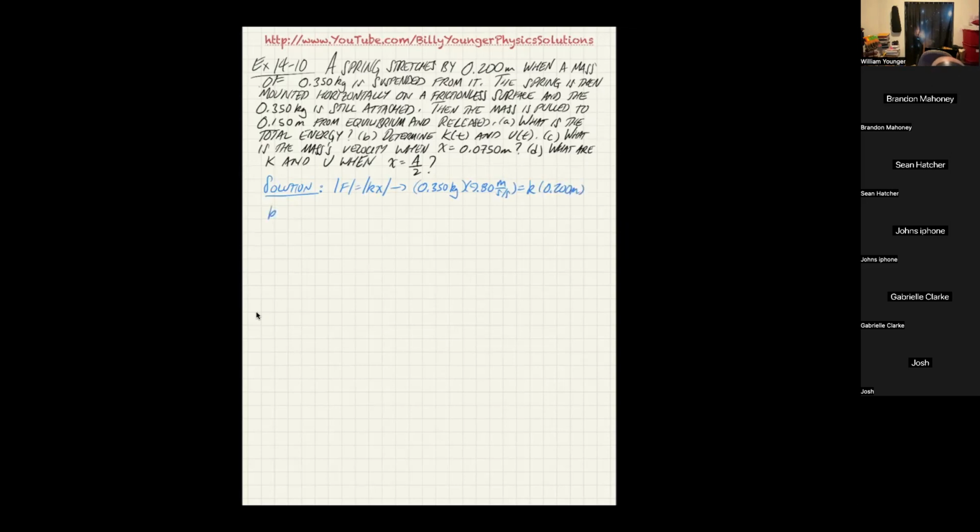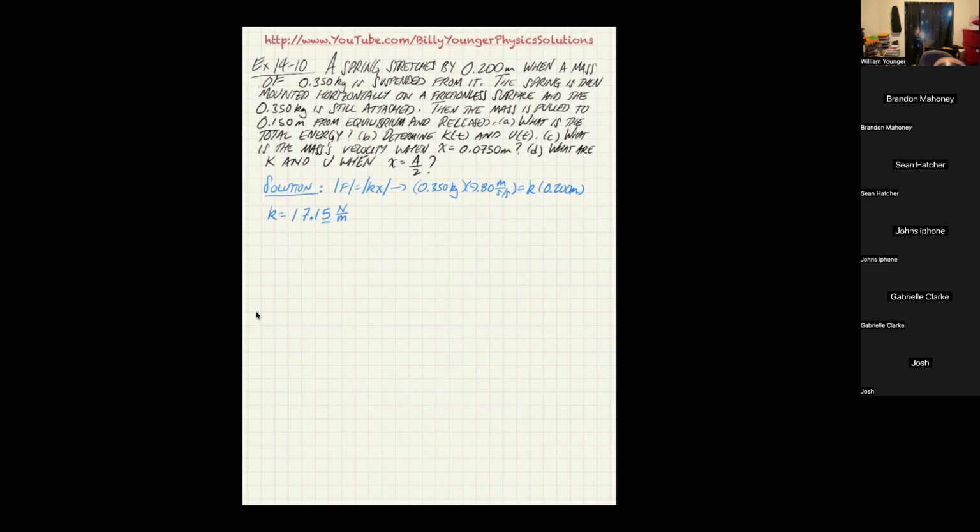So from that, we can reach the conclusion that k is going to be 0.35 times 9.8. Now I'm going to divide that by 0.2, and that's going to give me 17.15. And clearly that's one extra sig fig than we're really justified in using, so I'll underline it, and that comes out in newtons per meter.